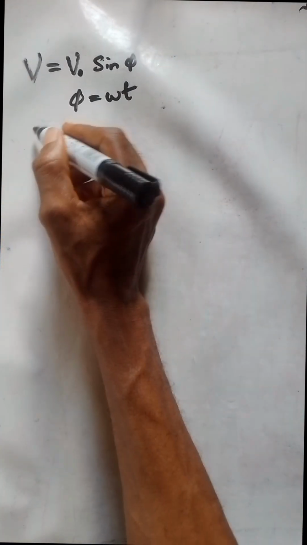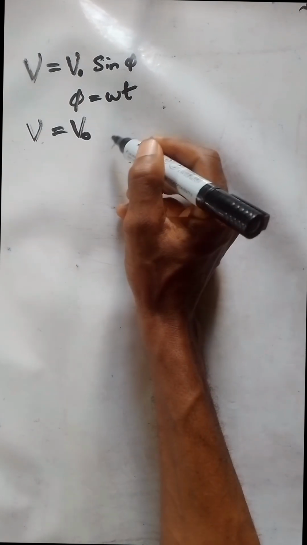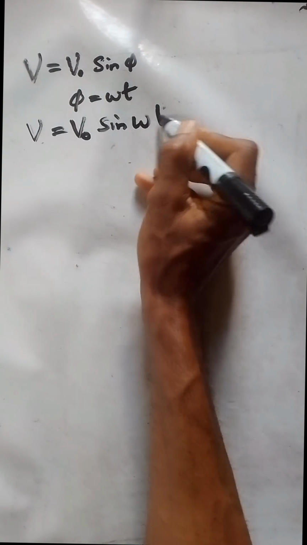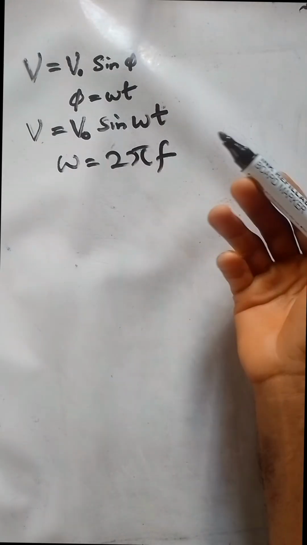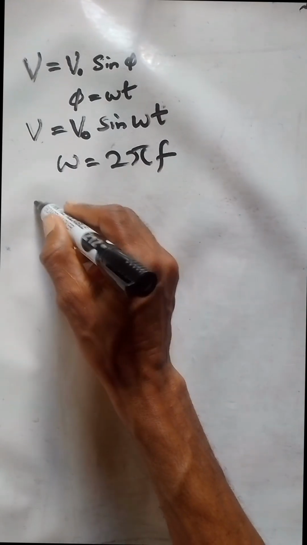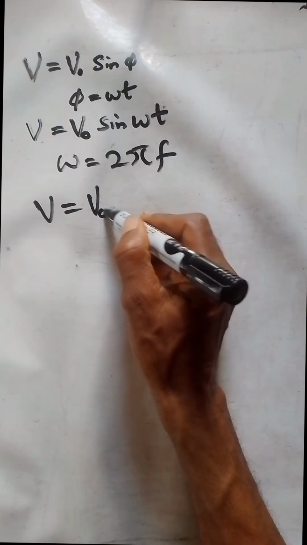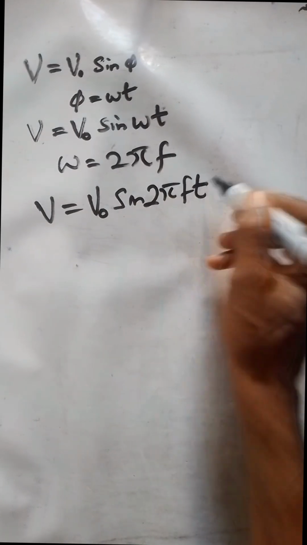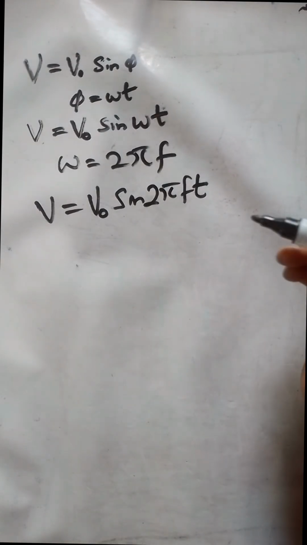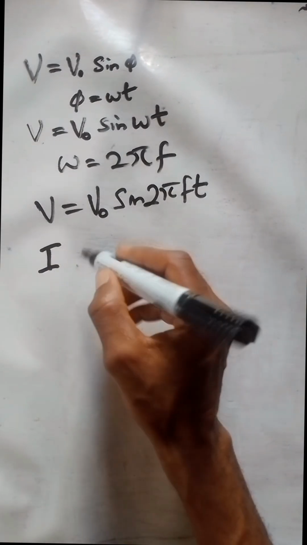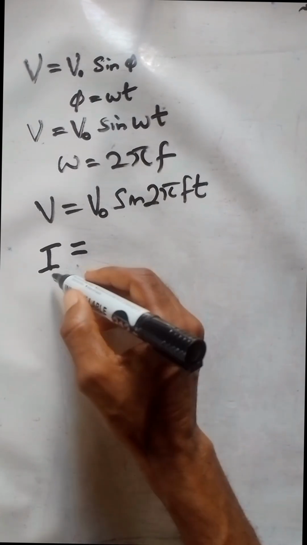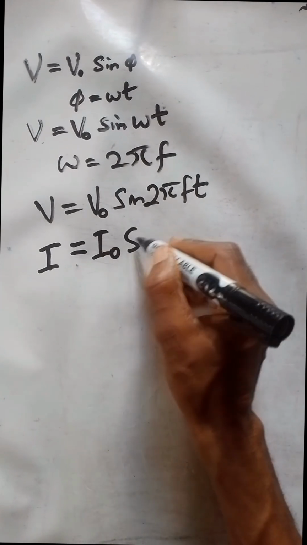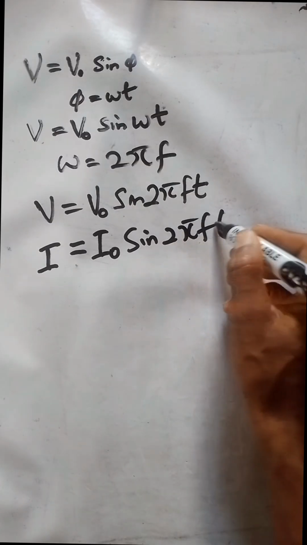So here we can say V is equal to V maximum sine Wt, where our W is equal to 2 pi f. So when you bring that into that equation, you have V is equal to the peak voltage sine 2 pi ft. The current also will be: current is equal to your peak current sine 2 pi ft.